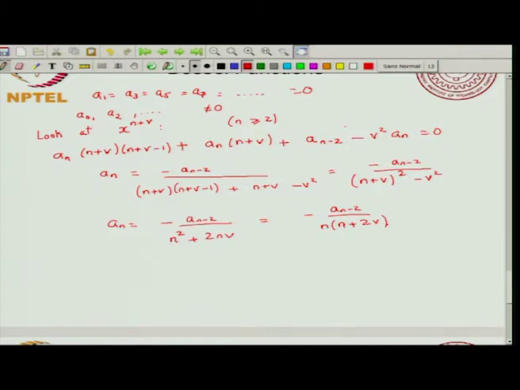Now, notice in this recursion relation that the series does not terminate. You can never have a_n equal to 0 for any value of n. The series does not terminate, it is an infinite series.